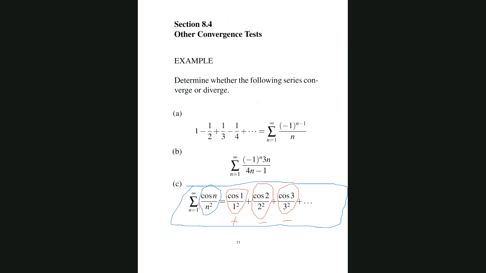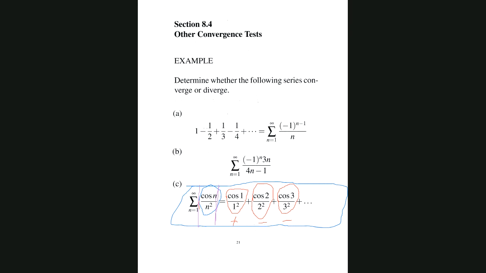However, what if we were to consider the series where we had the absolute value of the terms? What if we had the series where n equals 1 to infinity of the absolute value of the cosine of n over n squared?